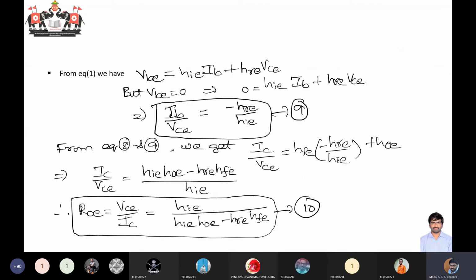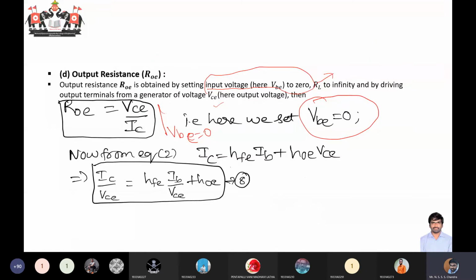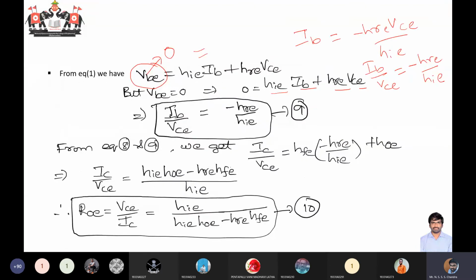Earlier we got IC by VCE equal to HFE into IB by VCE plus HOE. Now I am going to replace this value of IB by VCE. So I am getting IC by VCE is equal to HFE into minus HRE by HIE, plus HOE.